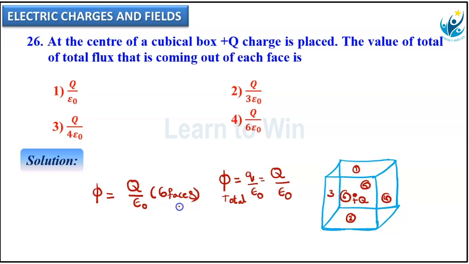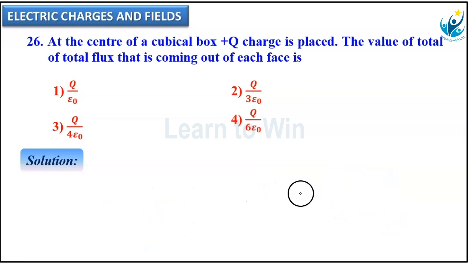Now, flux through each face. For 6 faces, flux is Q by epsilon naught. For each face, flux is Q by 6 epsilon naught. This is the explanation.